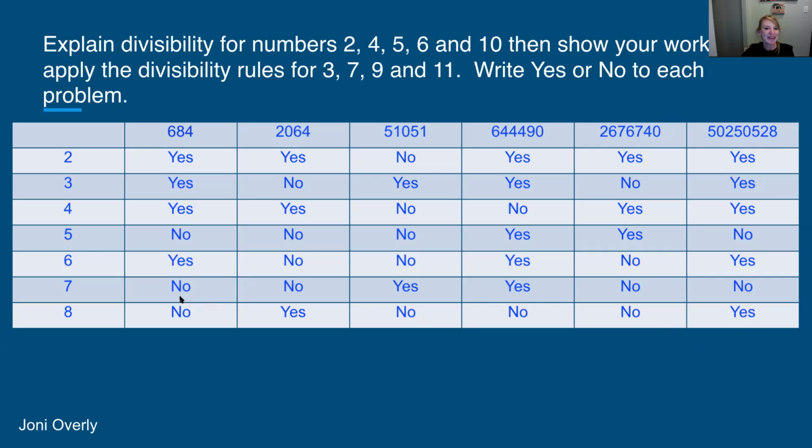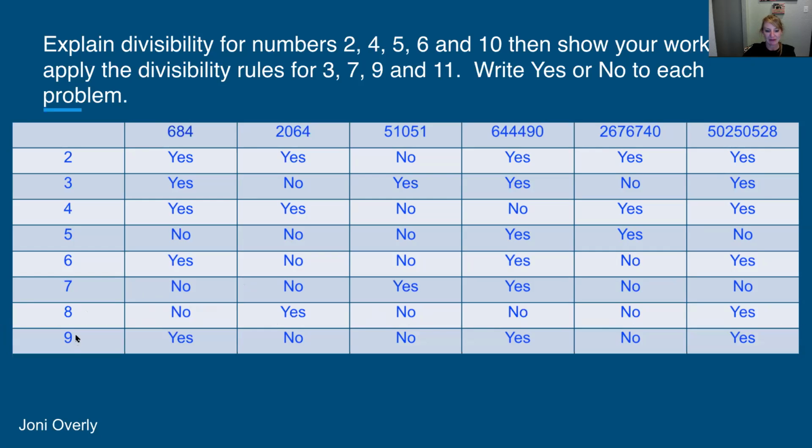9. What do we think about 9? Well, we know 9 and 3. So, yes, we're right. The 9 is just like the 3. If the sum of the digits is divisible by 9, then the number is divisible by 9.